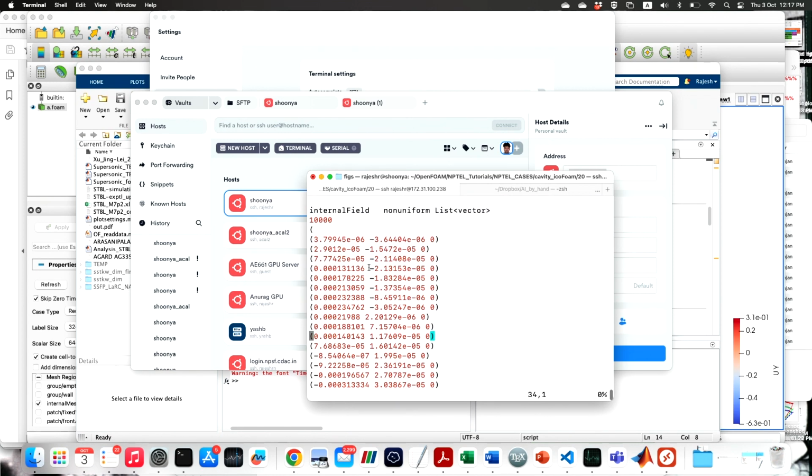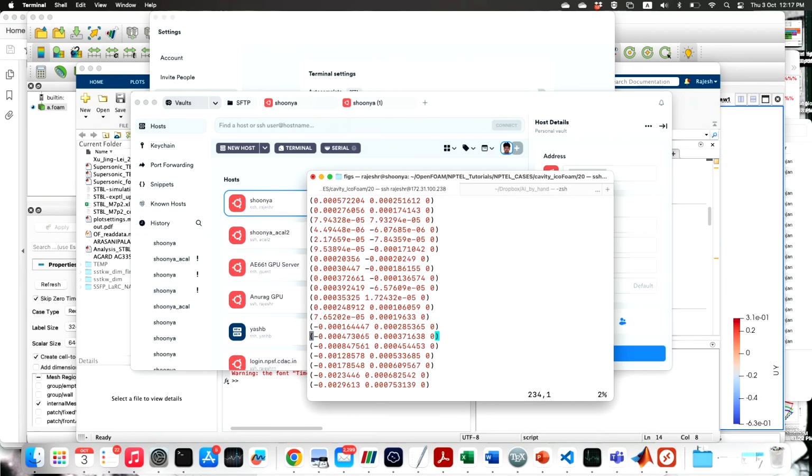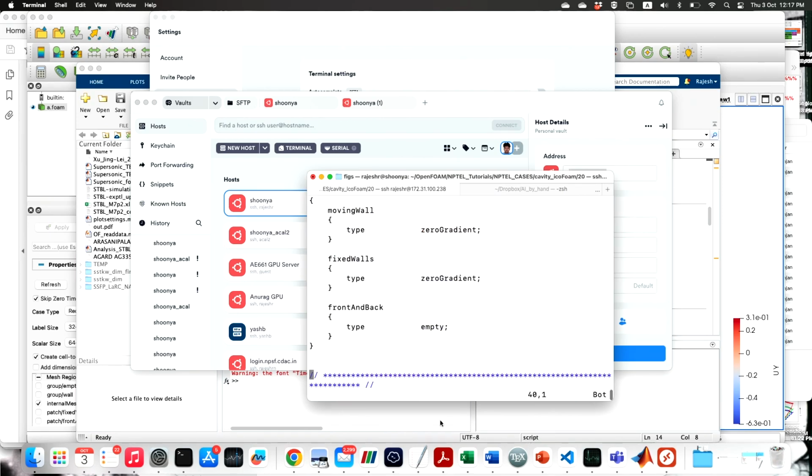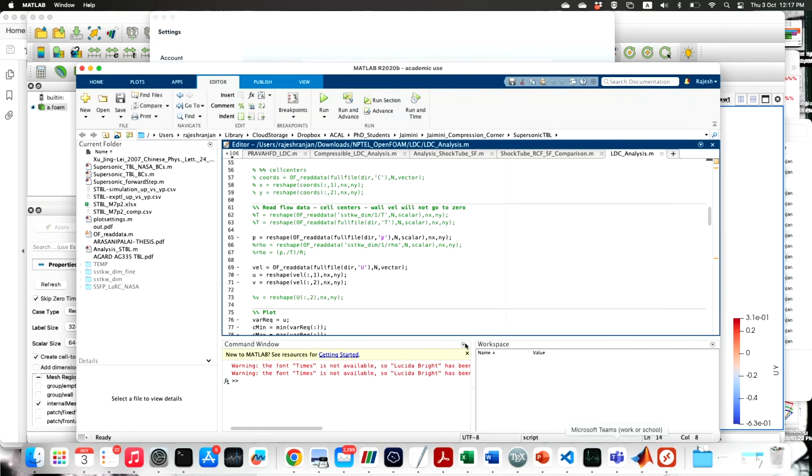For every one of the 10,000 points, it is giving the velocity field, the u velocity, v velocity and w velocity, right. The w velocity is 0 because we are not considering any variation in the third direction, right. So we are opening the velocity and the pressure using this MATLAB code.